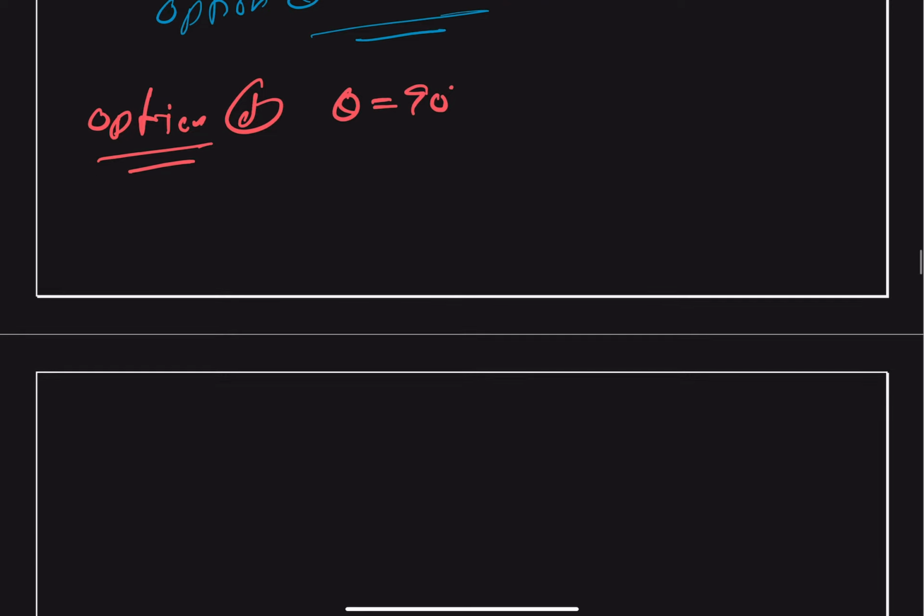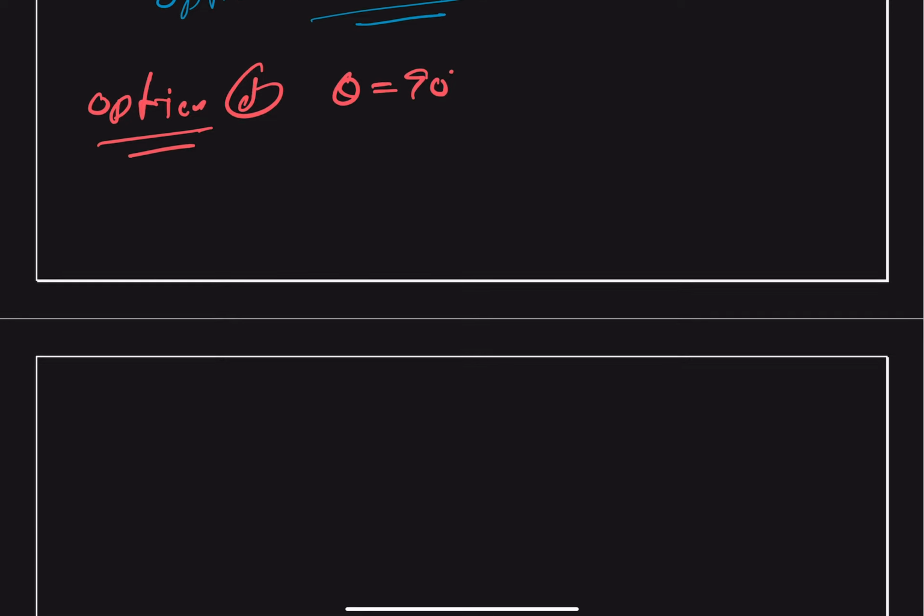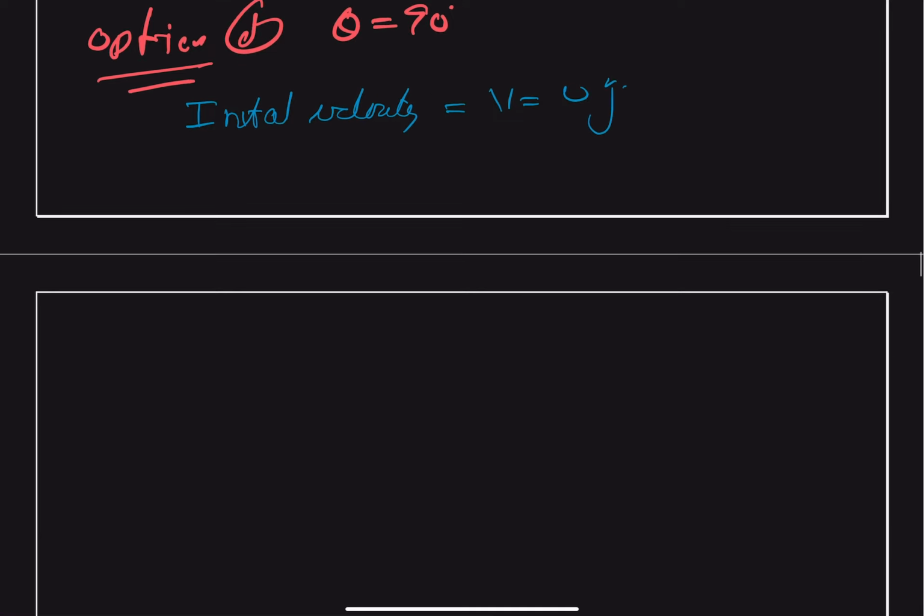Therefore, the velocity component, that is our initial velocity, V will be our only j unit vector, and our magnetic force, that is Fp, will be equal to Q V cos of 90 times B naught K unit vector.